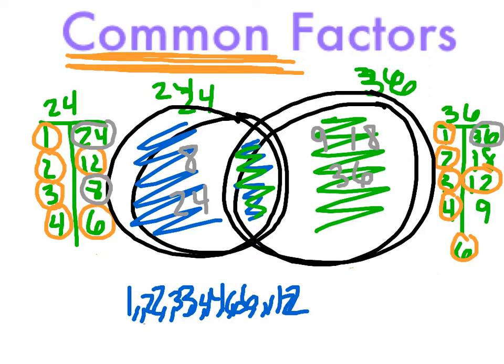These three factors are just factors of 36 and do not relate to 24. And then in the middle, we're going to list our common factors. So we have a 1, a 2, a 3, 4, 6, and 12.